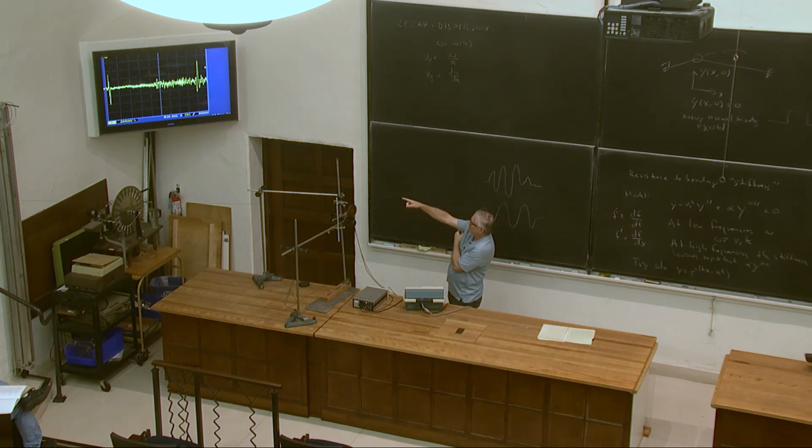The initial pulse is kind of up and down and restored to the baseline very quickly. And by the time it goes up there and bounces back, it's spread out much wider. So again, we've got a nice illustration of dispersion.